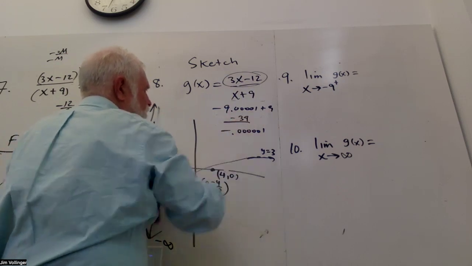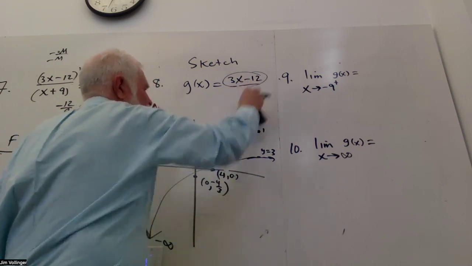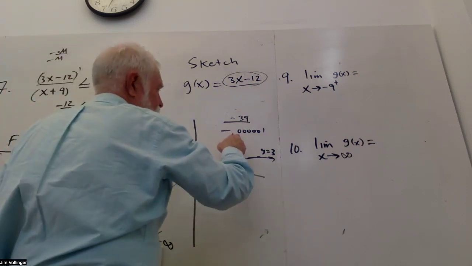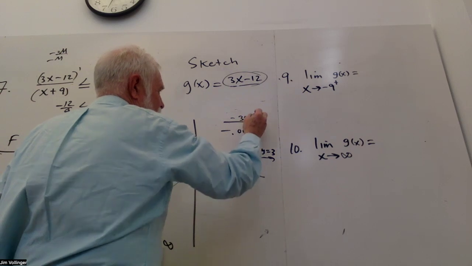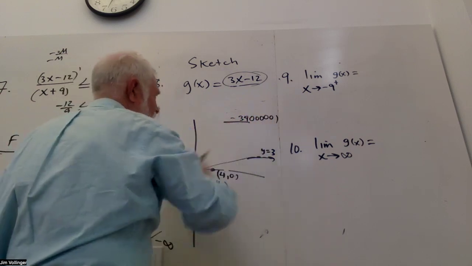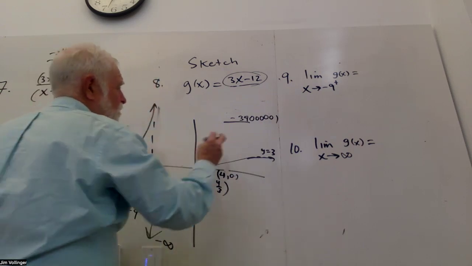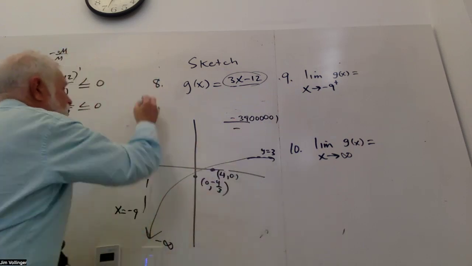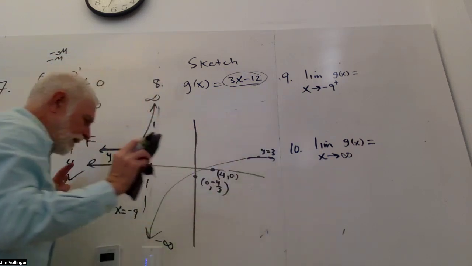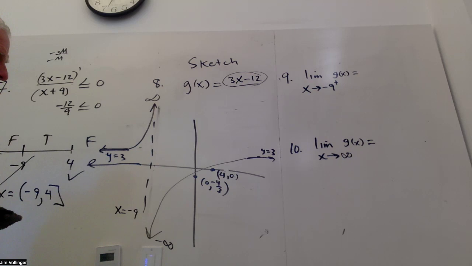Negative 39, and I'll just highlight it. You tell me what you get. Phew. You get a 0, a 0, a 0, a 0, a 0, and a 1. God almighty, that's an awfully big negative. But it's also divided by a negative, which makes it an awfully big positive. All right, kind of lost. That's okay. We've got our first rational function there.